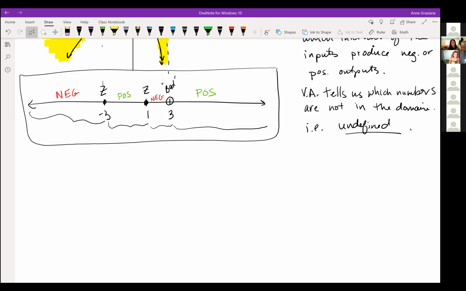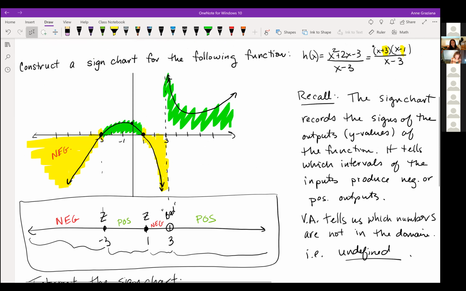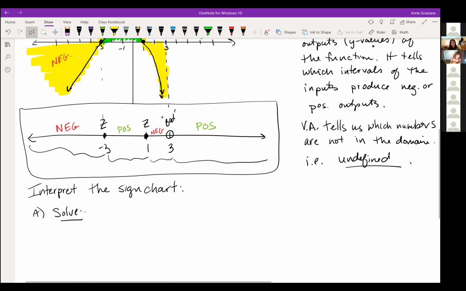All right, so now one more thing I want to ask you. Now let's interpret the sign chart. For A, the problem would look like this. Solve, and I'll write the whole function.